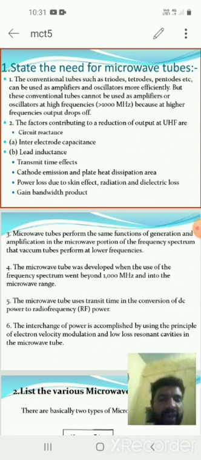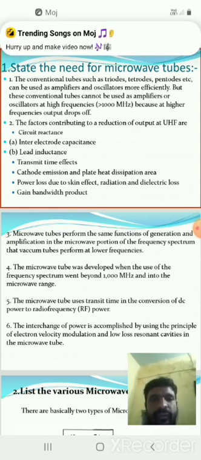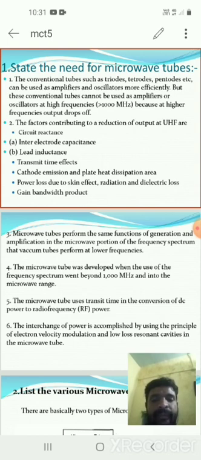The interchange of power is accomplished by using the principle of electron velocity modulation and low loss resonant cavities in the microwave tubes. These are the needs for microwave tubes.